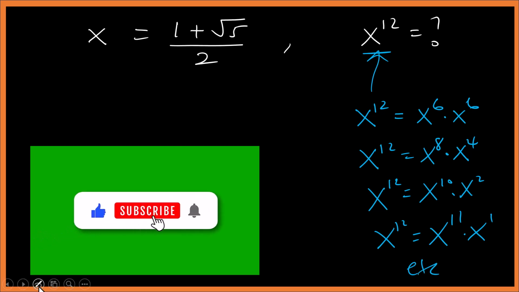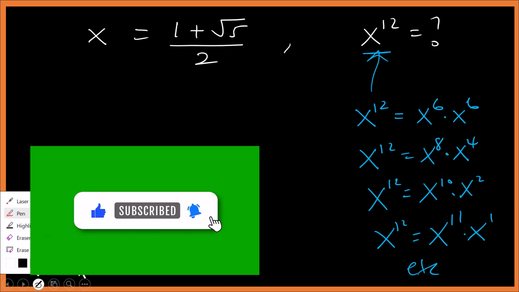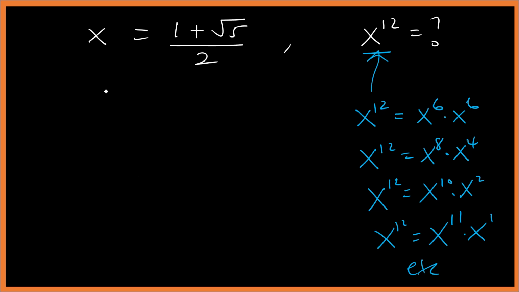What we are going to do here is to start by finding x squared. Then we will square it again to get x to the power 4, and continue to square till we get to x to the power 12. So from here, I'll make this side over 1 and do cross multiplication.